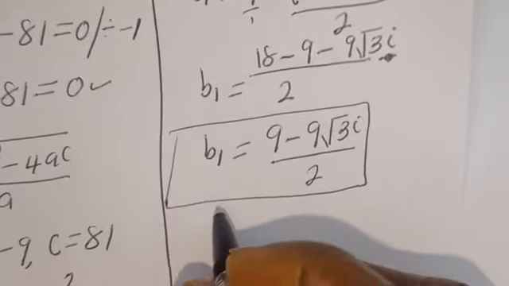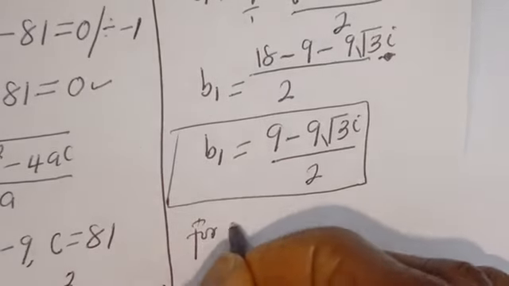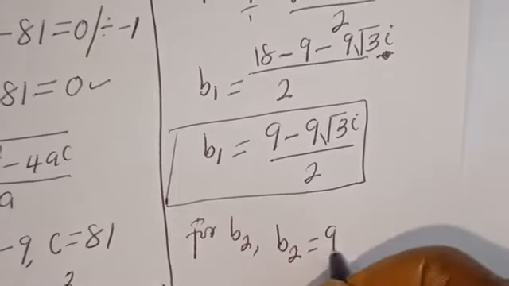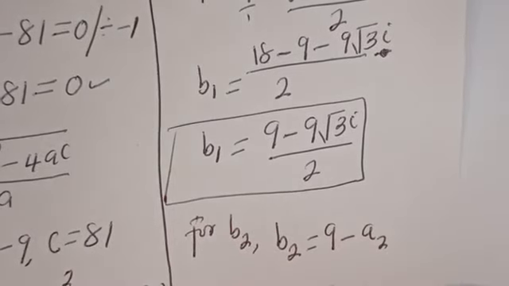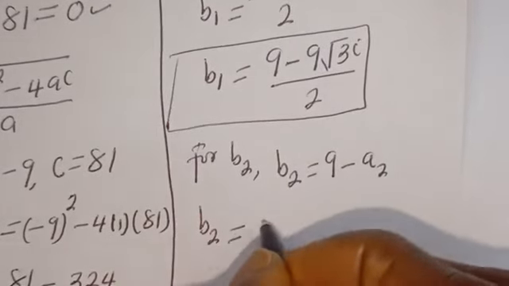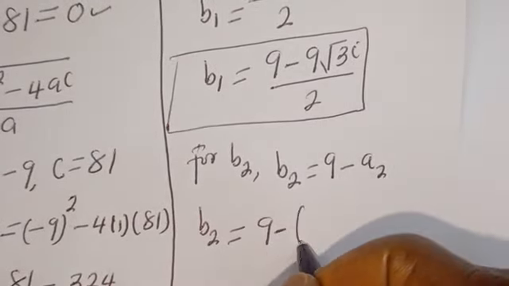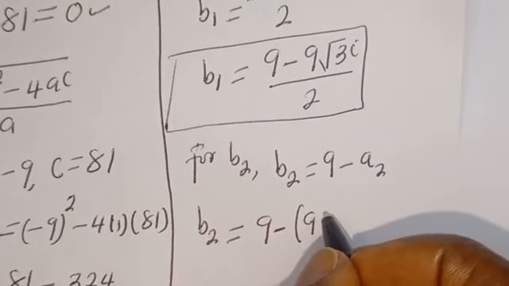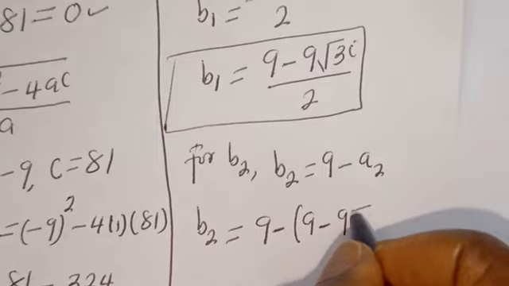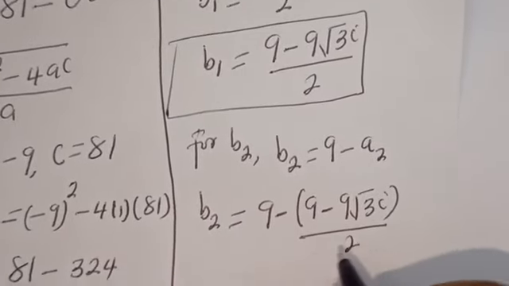And for b2, b2 is equal to 9 minus a2. Then b2 is equal to 9 minus bracket 9 minus 9 root 3 i divided by 2.